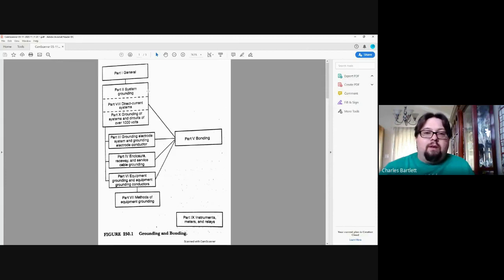So if we have enclosures that don't have conductive paint, we have to clean the paint off. We can't make dirty connections with dirt in the way. It has to be a clean surface, metal to metal, so that the integrity of our bonding and grounding is maintained as a very important safety feature.